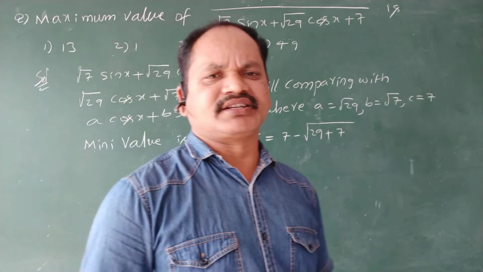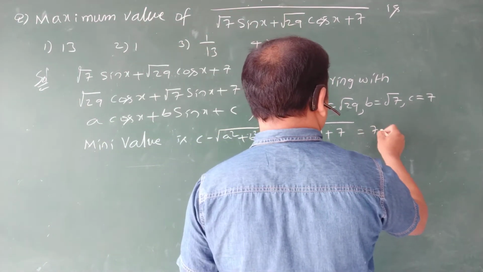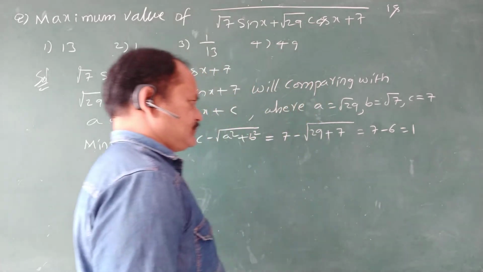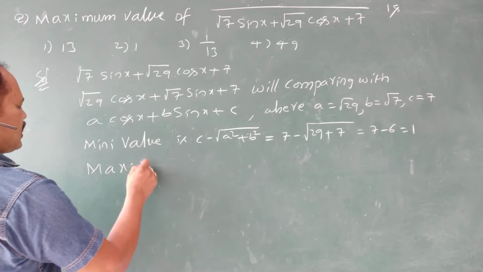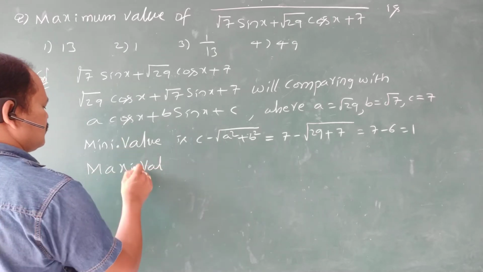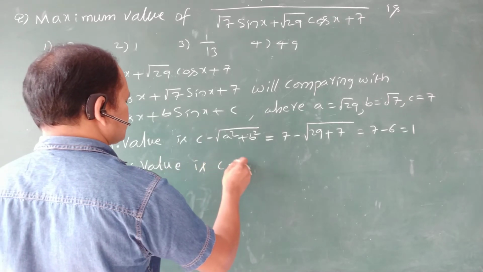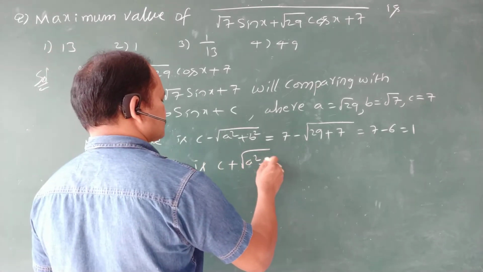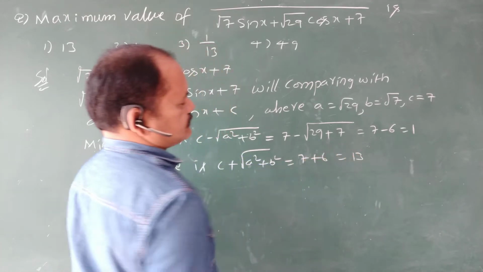Root 36 is 6. That's why it is 7 minus 6, which is 1. Now the maximum value is c plus root of a square plus b square, that is 7 plus 6, which is 13.